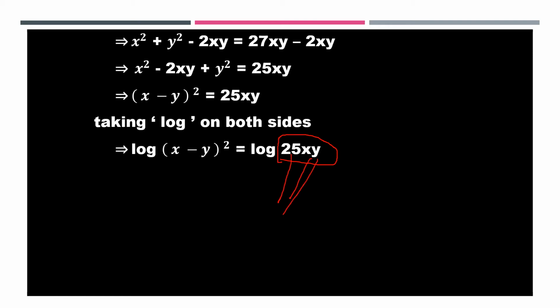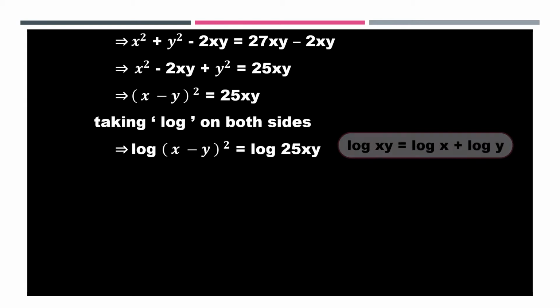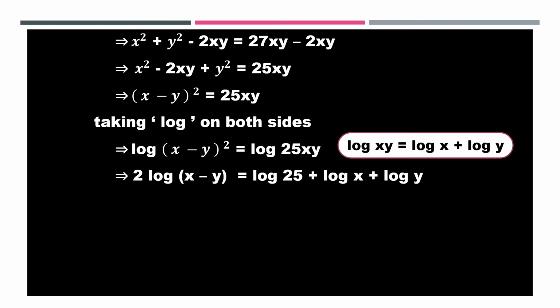These three are under multiplication. So who is the friend of multiplication? In logarithm it is plus. So take this formula and put here. Separate the log and put the plus in between them. So this will be written like this: log 25 plus log x plus log y.